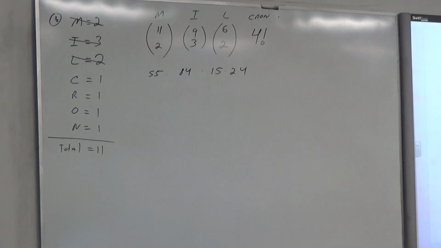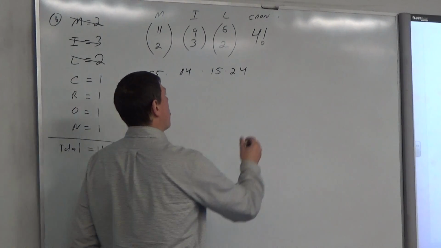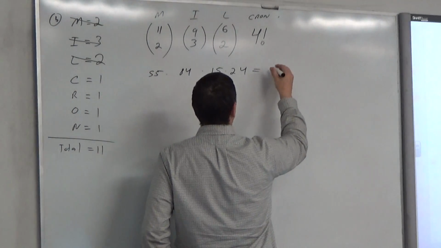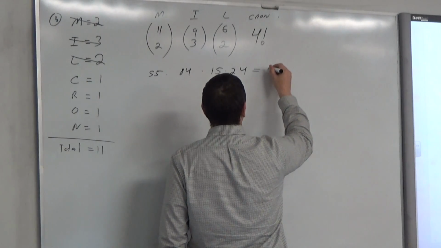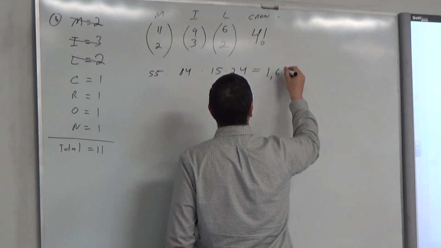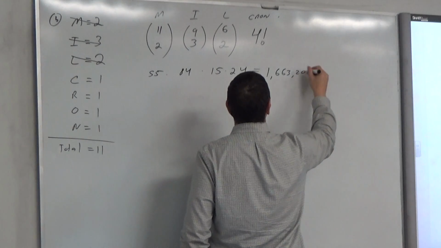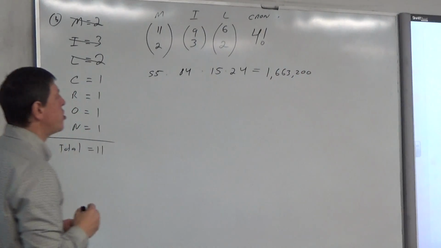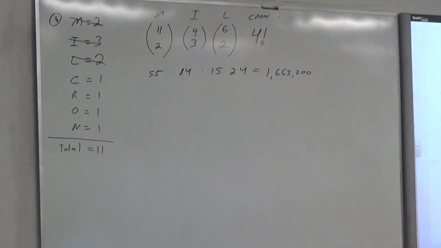Then we just multiply those together, and we get some ungodly, useless number: 1,663,200. Look good to everybody, guys?